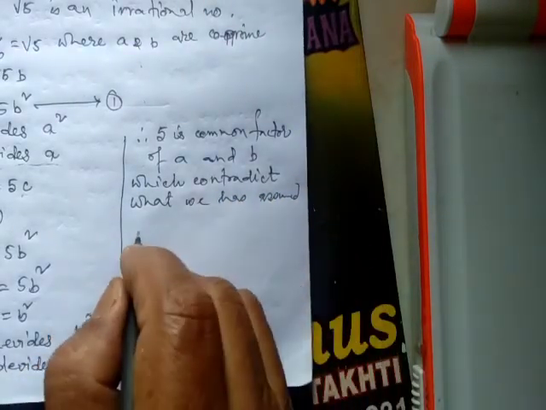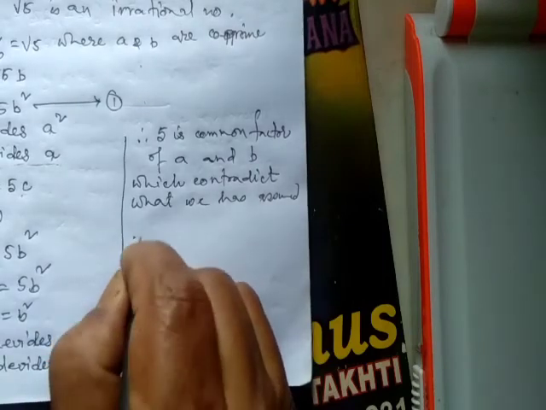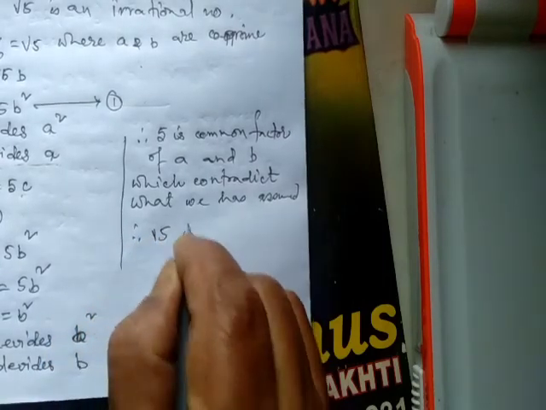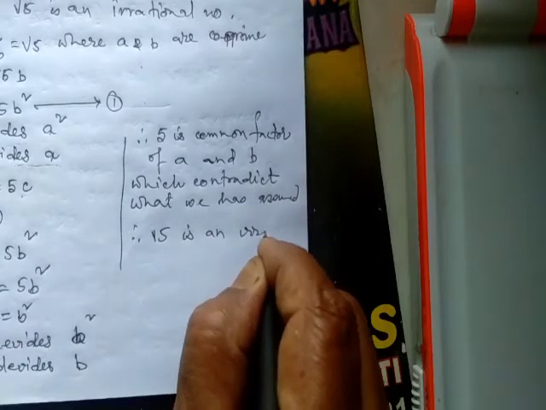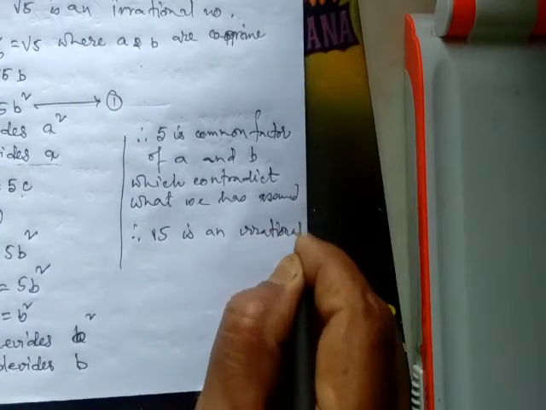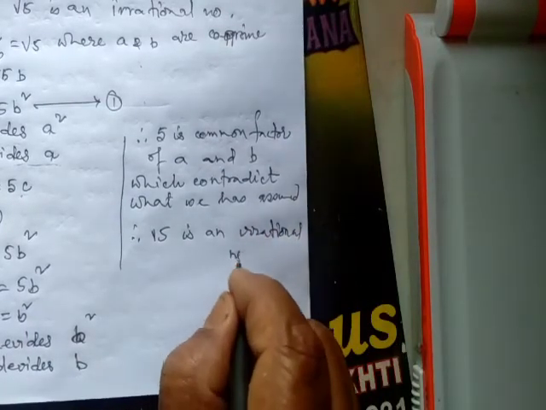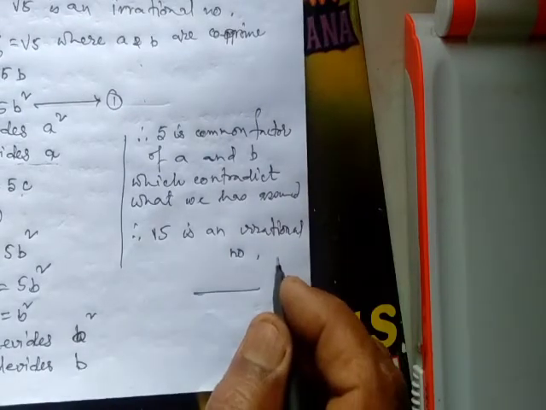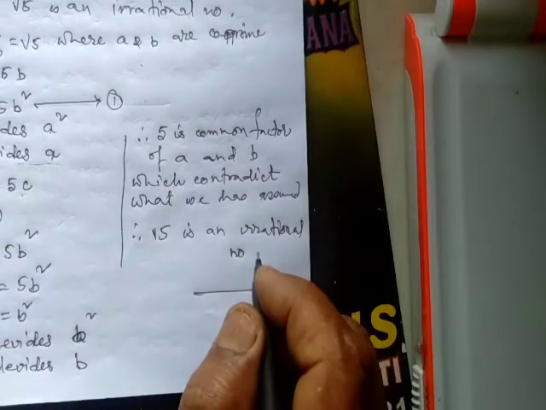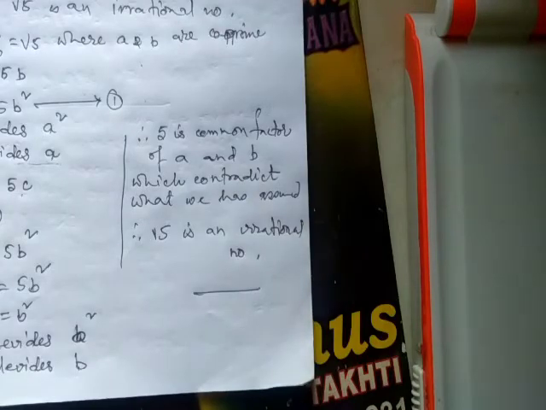Therefore root 5 is an irrational number. Thus we have proved root 5 is an irrational number.